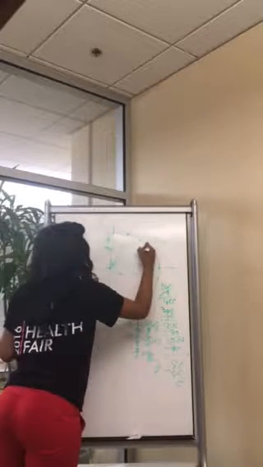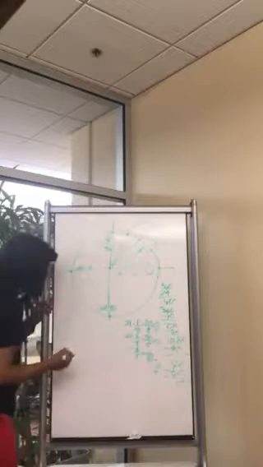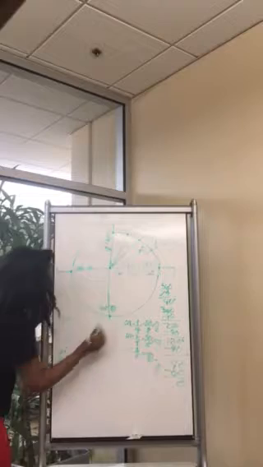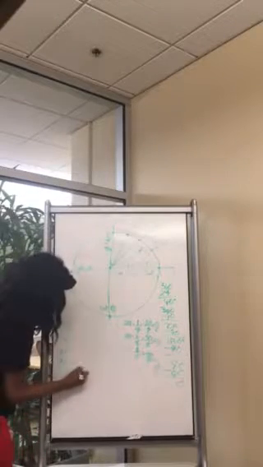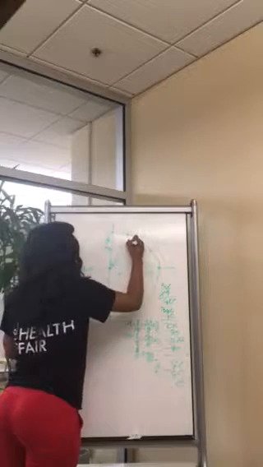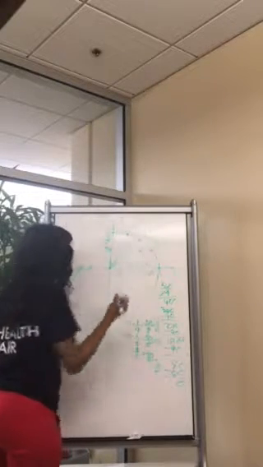We're going to label this 30 degrees. We're going to do 90 divided by 2, and we're going to get 45 degrees. So we're going to label this 45 degrees.